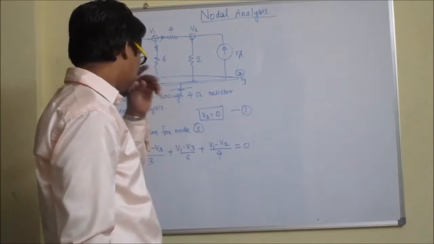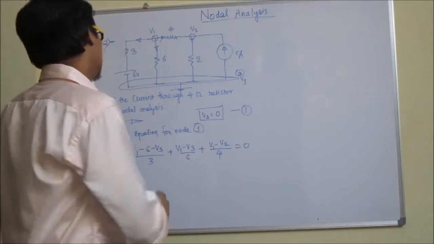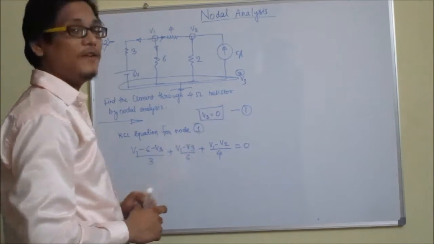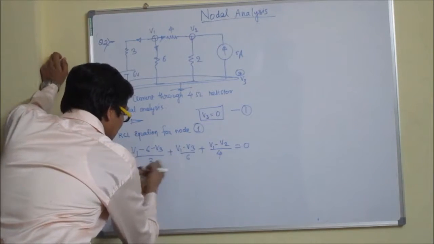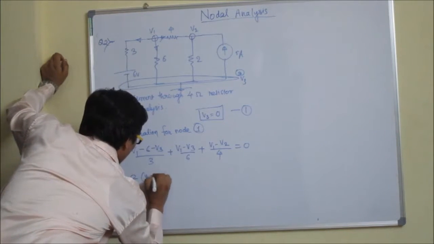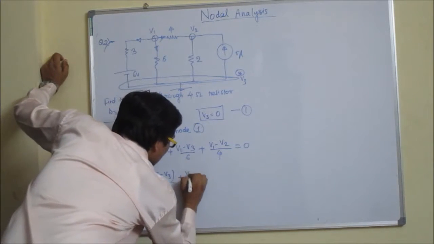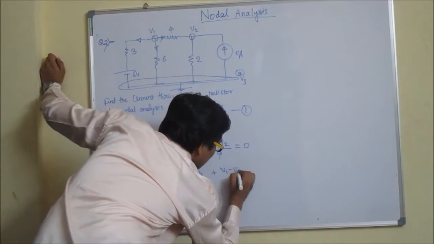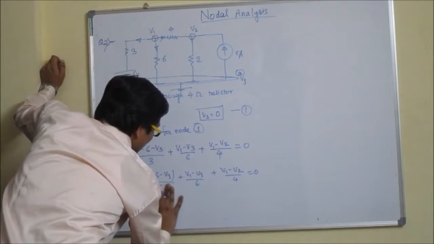Now this is our equation. I will try to simplify this. I will try to make the denominators of these terms the same. I will multiply by 2 on numerator and denominator, so that we get (V1 minus V3) by 6 plus (V1 minus V2) by 4 equal to 0.